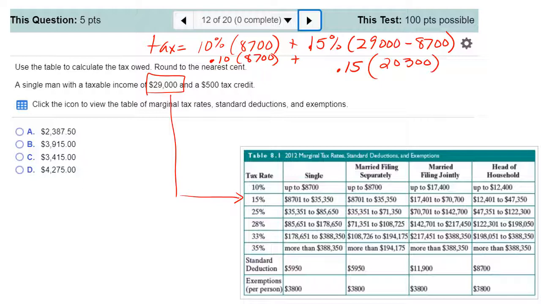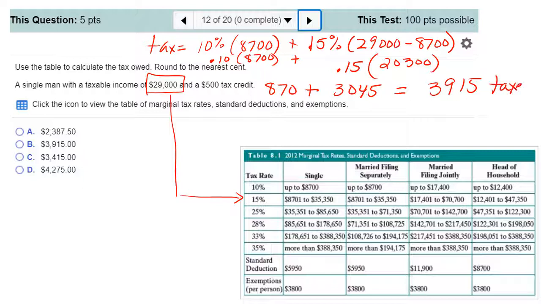So I will multiply these together and add. So the 0.10 times 8,700 will give me $870 plus the 0.15 or 15% times 20,300 gives me 3,045. I add these two together, and this is his total taxes.